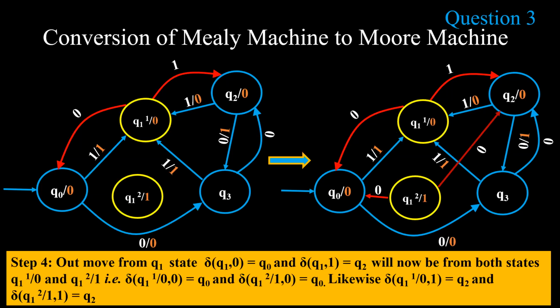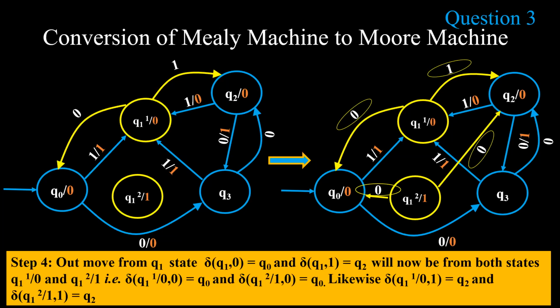Initial Q1 had one output on 0 to Q0 and output of 1 to Q2. Now these two outputs will be 4 outputs, because they will be from Q1 1 as well as from Q1 2. So instead of two outputs, now we will have 4 outputs, 2 from Q1 1, 2 from Q1 2.